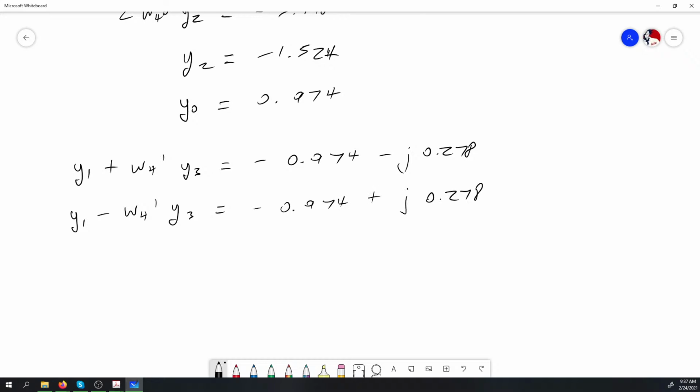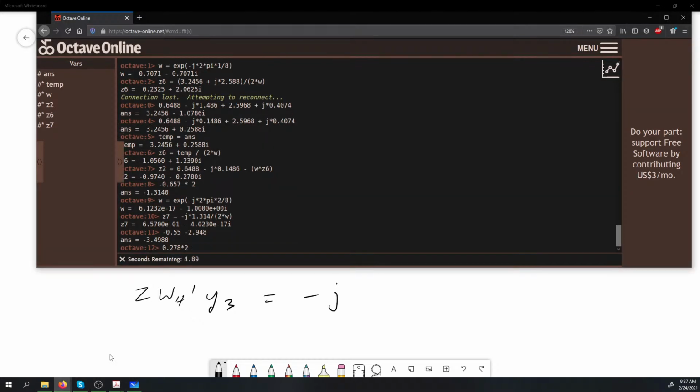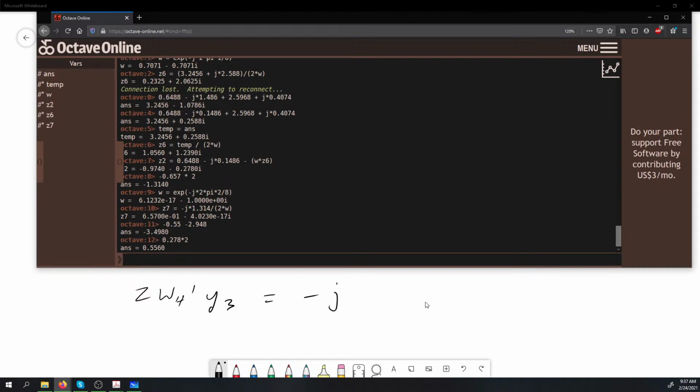And then subtract the 2. So in doing so, we get 2 w4 of 1 y3 is equal to, these two terms here will cancel, these two terms here will add, so this is minus that. So we get minus j, let's bring up Octave, 0.278 by 2, 0.556.